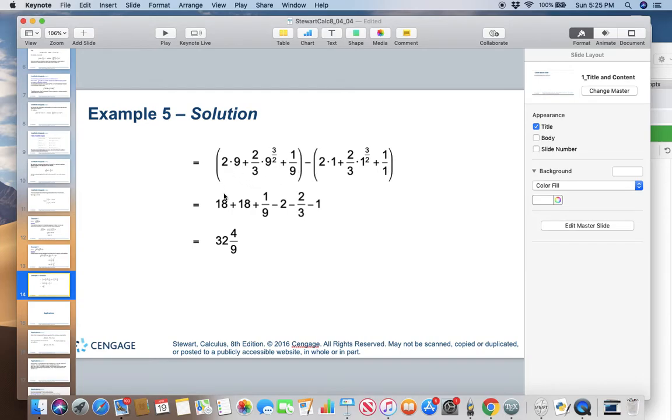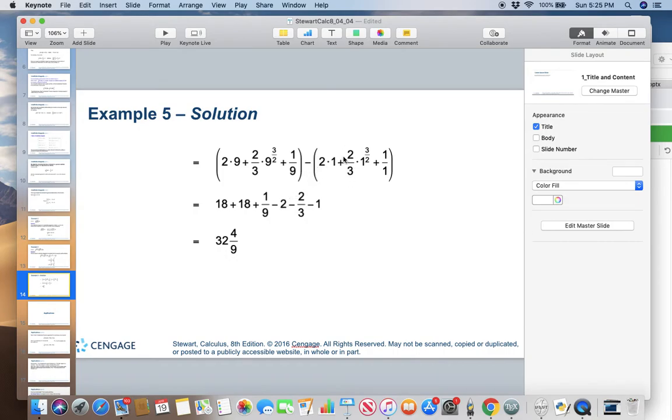2 times 9 is 18. What is the meaning of 9 to the 3 halves? Well, take the square root, that's a 3, power 3, 27. So 2/3 times 27 is 18. This is plus 1/9. This is negative 2.